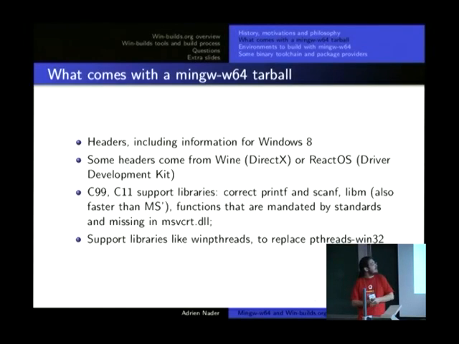And besides headers, there's also some code, mostly for when the C runtime of Microsoft doesn't handle C99, C11, well, not all of it, and Mingw64 adds code to fill in the gaps. And the nice thing is, for libm, Mingw64's code is actually faster than Microsoft's.